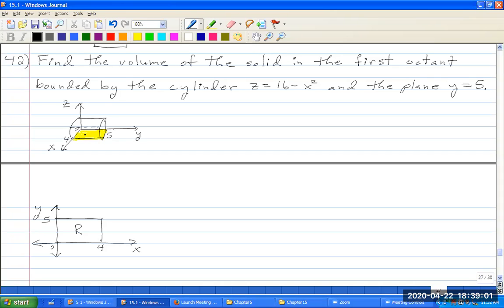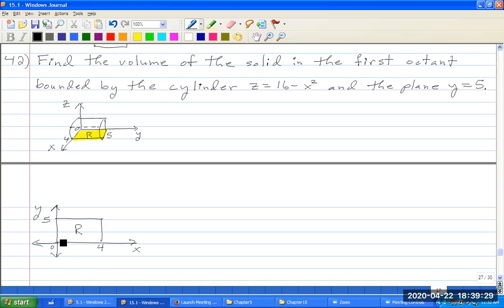Is my R. Okay, there. So that's my R. So let me just draw that. This has a radius of 4, since the circle here, the bottom or top of my cylinder, has a radius of 4.